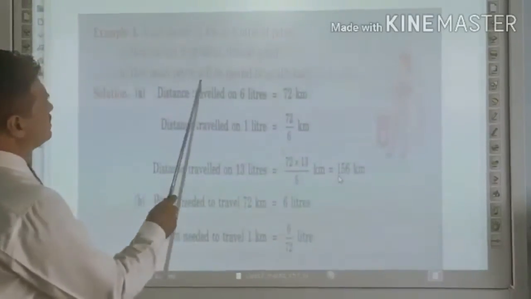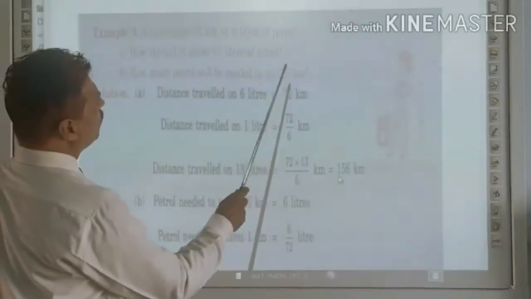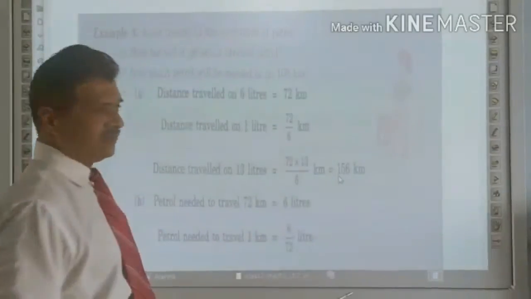Now, how much petrol is needed to go 108 kilometers?